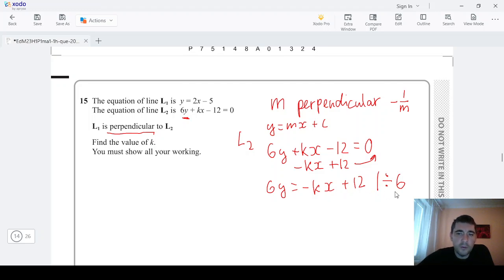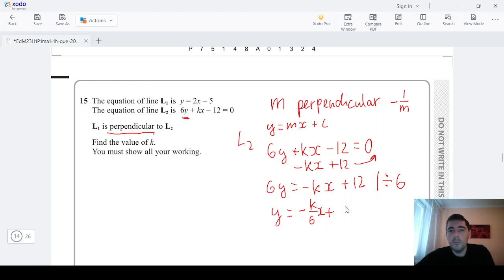So in this case, we divide both sides by 6, which will turn into y equals negative k over 6 x, negative k over 6, plus 12 divided by 6. I forgot to put x here.